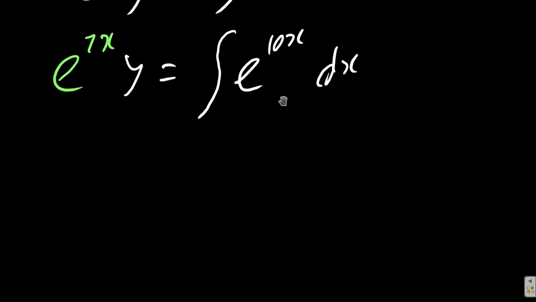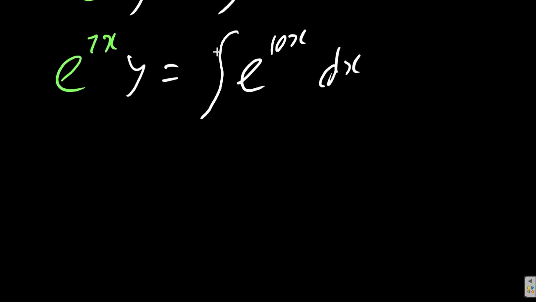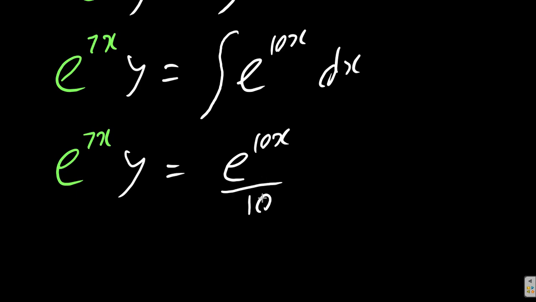So here we have e to the 7x y is equal to the integral of e to the 10x dx. We're going to get e to the 10x divided by 10 plus c.